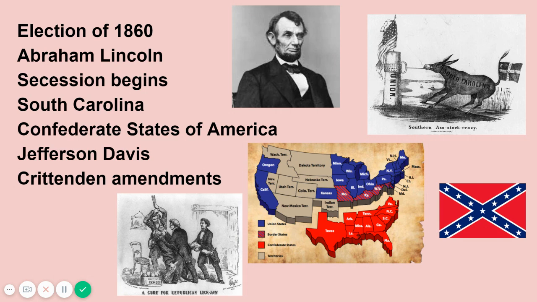It was a proposal of the 36°30′ and a proposal of popular sovereignty. When Abraham Lincoln came out in opposition to the Crittenden Amendments, all hopes of a reconciliation ended.